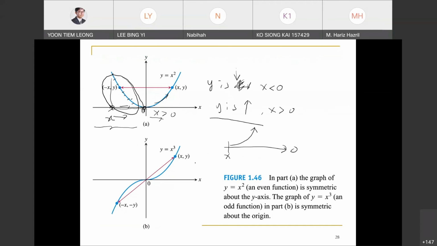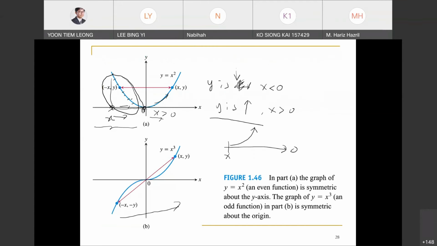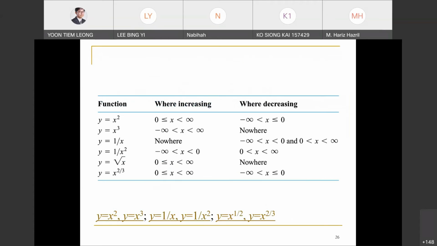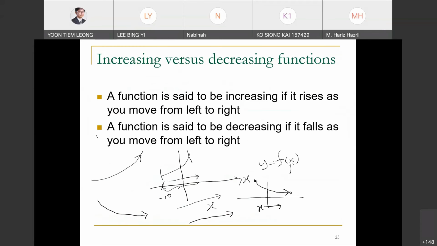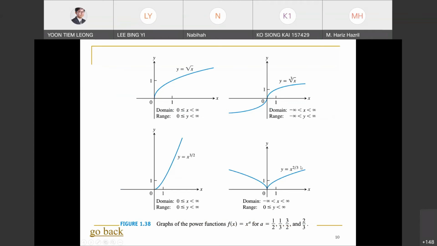So this is one example. Another example is a case where the function is always increasing. Okay, so it's actually quite easy to understand the definition of whether a function is increasing or decreasing. If I give you a function like this, you should be able to tell whether the function is increasing or decreasing. For example, let's look at y equals x to the power of 3.